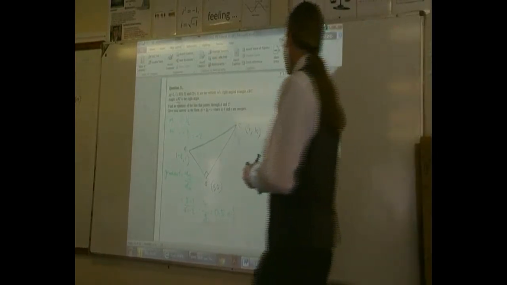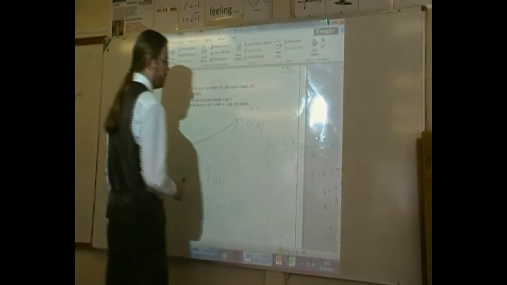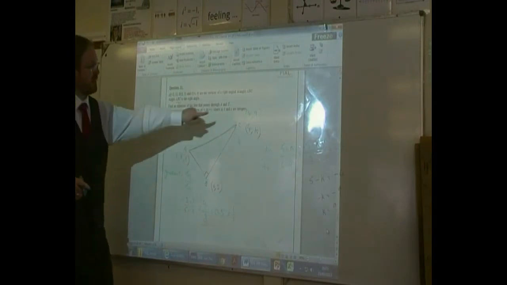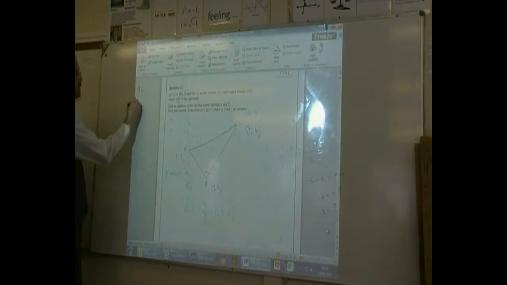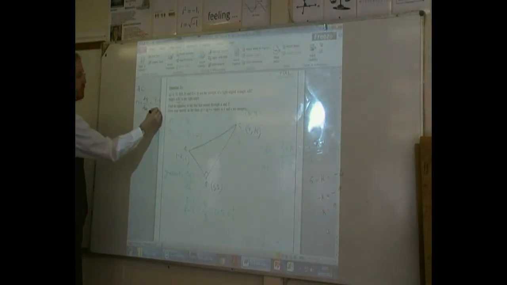So I put that back into my coordinate over here, so I've got 4, 9. Now I want to work out the equation of the line going from A to C. To start off with, I'm going to find the gradient from A to C. Again, change in y, delta y over delta x to be accurate, is going to be 9 take away 1, and my change in x is going to be 4 take away minus 2.